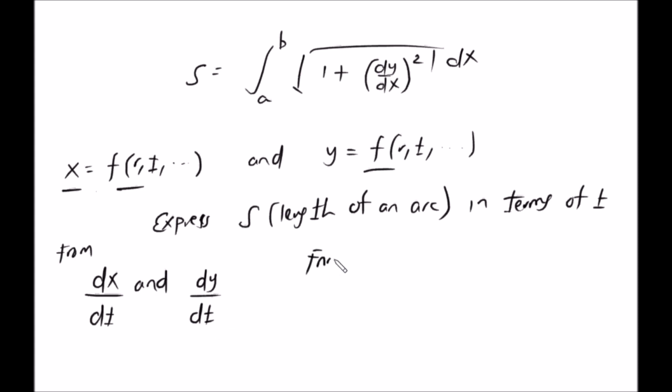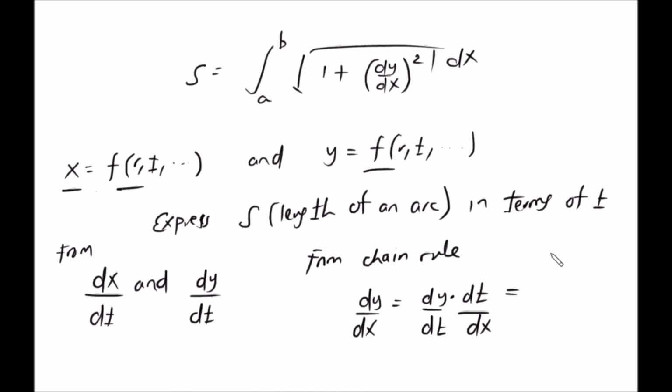From chain rule sasa, chain rule hii utaiona kwenye playlist ya differentiation. Dy dx kumbe ni sawasawa tu na dy dt times dt dx. Hii ndo chain rule. Sasa hii pia unaweza ukaiandika kama hivi, dy dt over dx dt. You see, this can be written in this form.